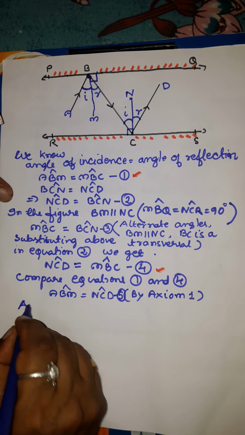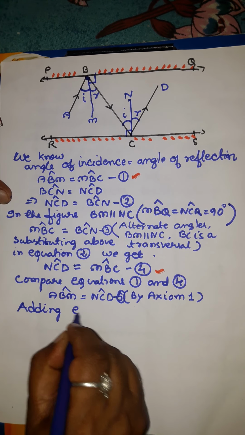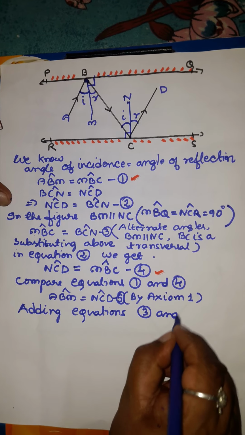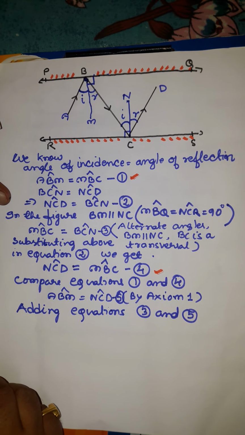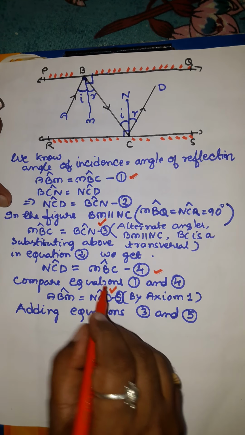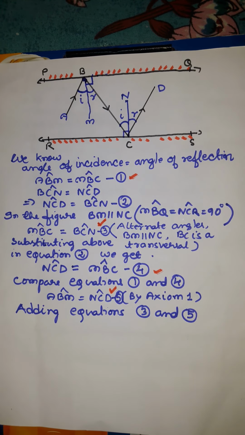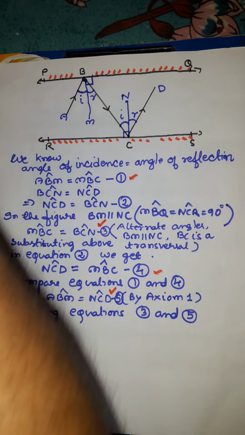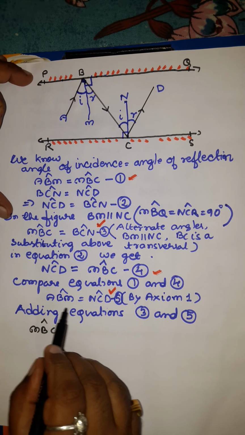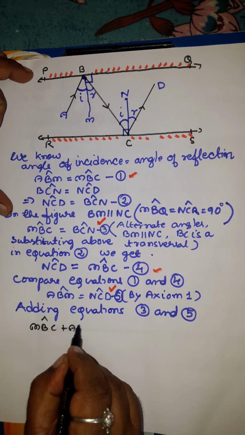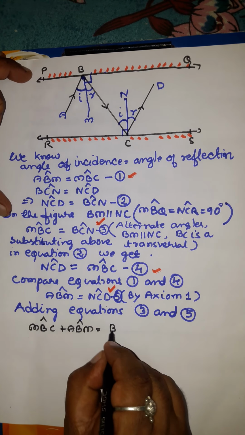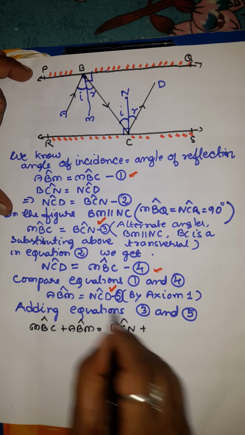Now, adding equations 3 and 5. So, angle MBC plus angle ABM is equal to angle BCN plus angle NCD.